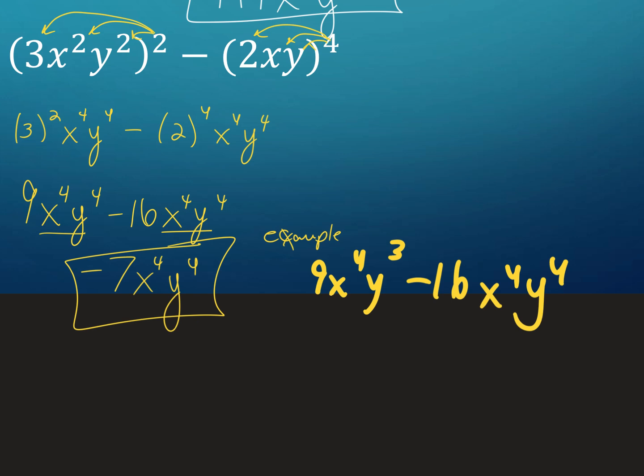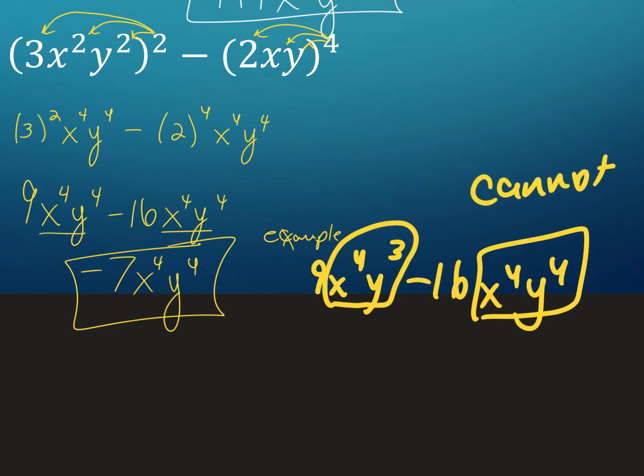Can I combine those two? No, that would be as far as you can go. Because the variable is these together, it's not just independently. I have x to the 4th and then a y to the 4th. That is the last name. If those are not exactly the same, you cannot combine. So here, you could not combine.